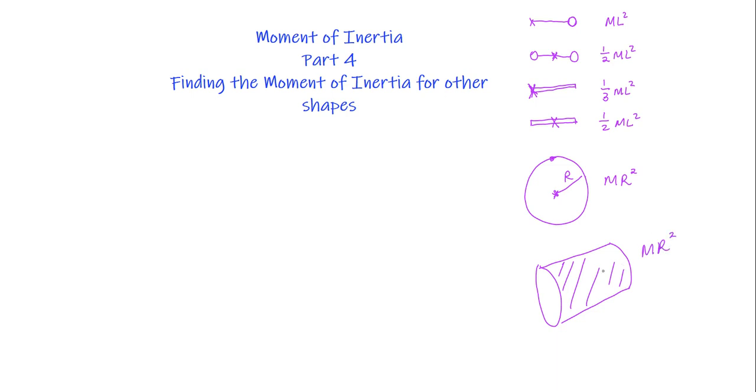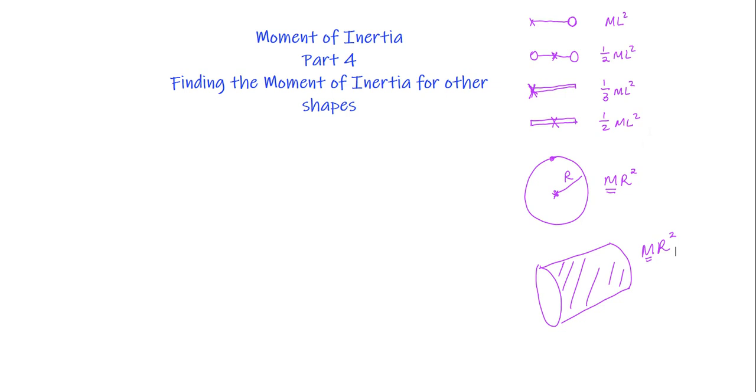The mass along the height of this cylinder doesn't vary away from the axis of rotation. So the difference here could be that you have more mass, so the actual moment of inertia is more in the cylindrical case than this single little hoop. But the equation is the same. So that's pretty cool. I like that one.